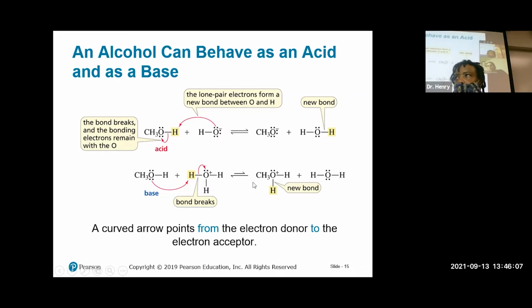So in that case, this guy now forms its conjugate acid. So kind of like water, these alcohols under those circumstances can act like a base or act like an acid. And that's because you have the oxygen and the hydrogen. That oxygen is able to get rid of that hydrogen or it can take on another one, okay?